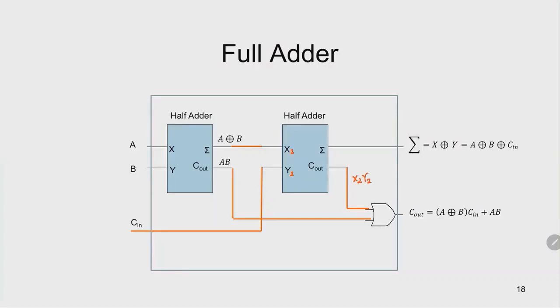So the output of C out here is A AND B, and X2 is A exclusive OR with B, and then Y2 is C in.